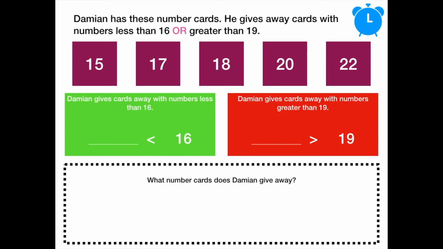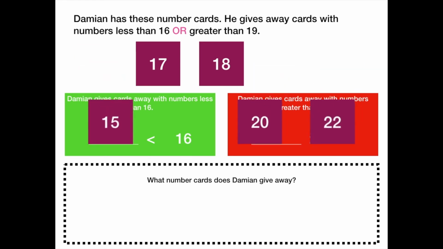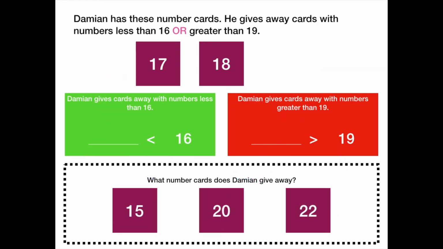Use paper and a pencil to try this by yourself. Pause the video before the clock disappears, then press play to check your answers. These are the cards that are less than 16 or greater than 19.